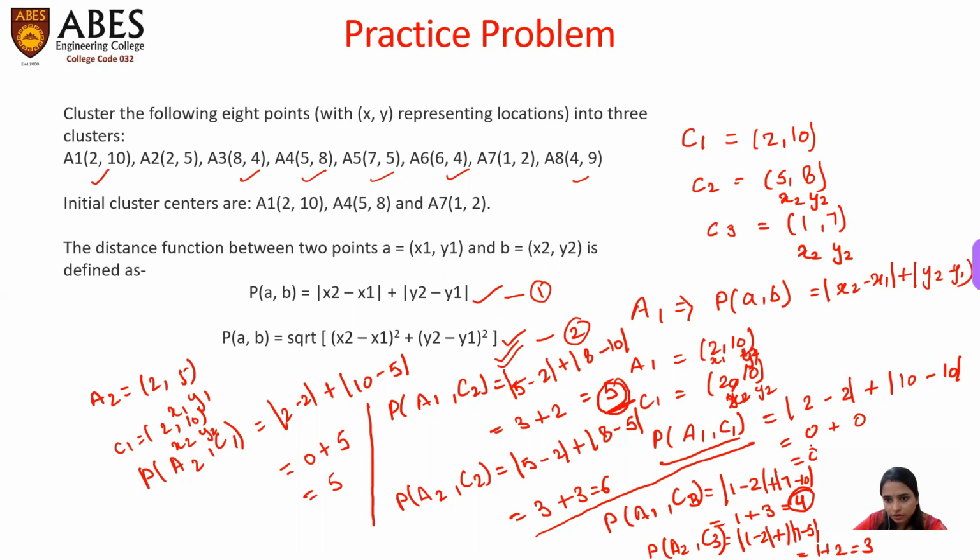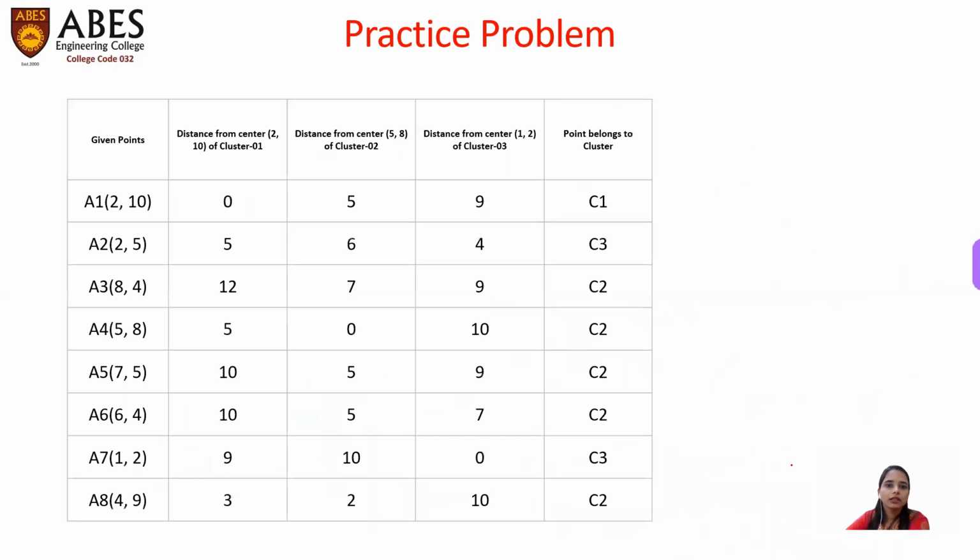So from this we can say the distance of data point A1 is lesser to cluster center 1 as compared to the other cluster centers, because the distance from the center of cluster 1 to data point A1 is 0, from C2 is 5, and from C3 is 4. So 0 is the lesser value. So we will assign our data point A1 to cluster C1. So in the result of the first iteration, we will get this result.